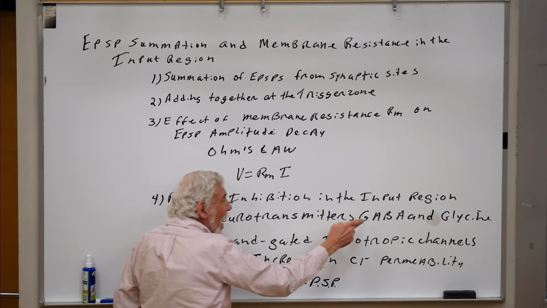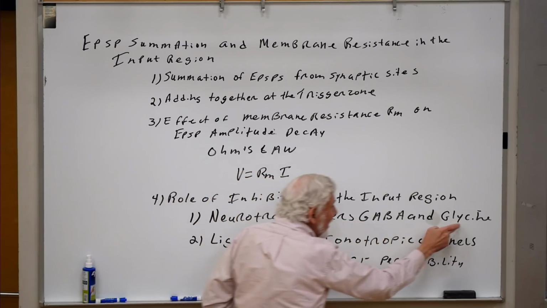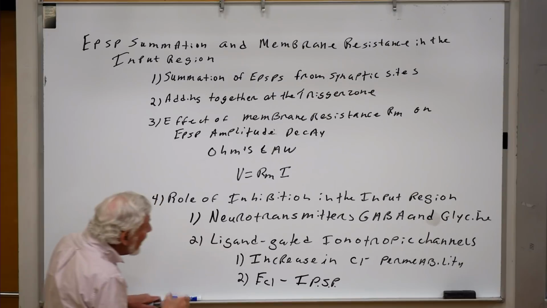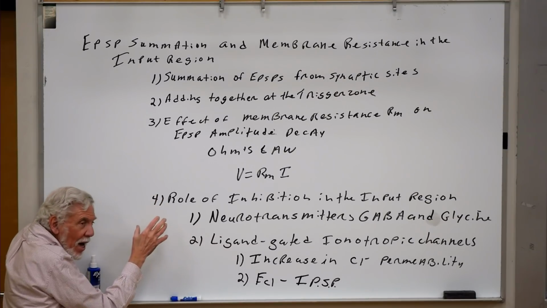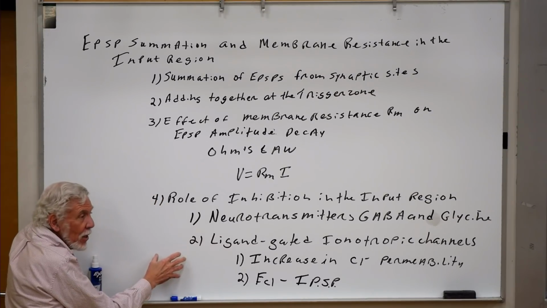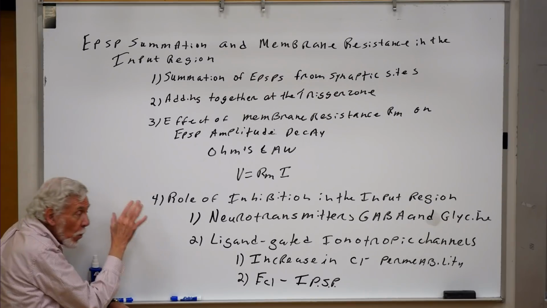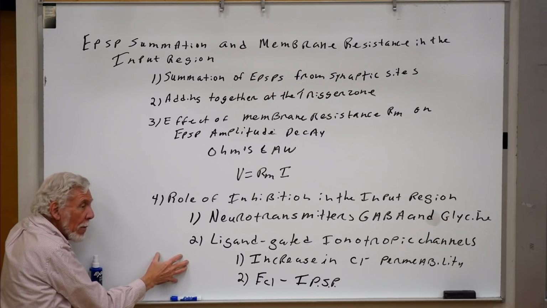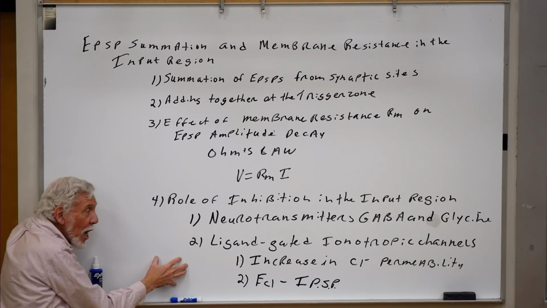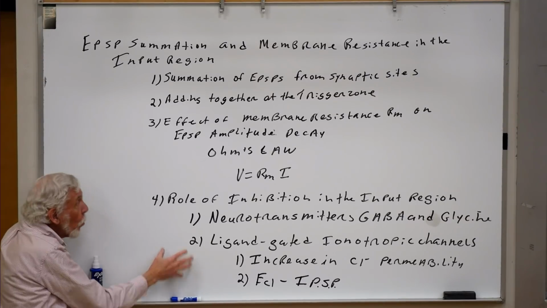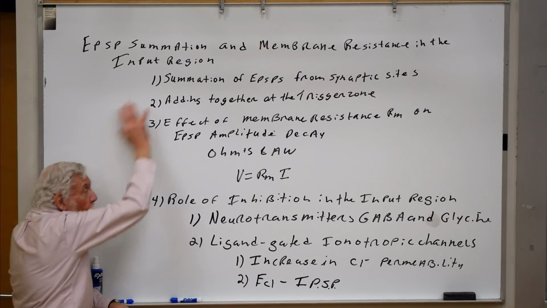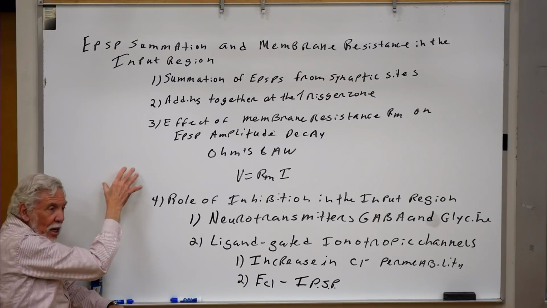The binding of GABA to a GABA receptor or glycine to a glycine receptor leads to the opening of a channel, just as we saw before. But where we begin to see a difference here is that the type of channel that opens is different. Where for the EPSP, these were all dependent upon cation channels.